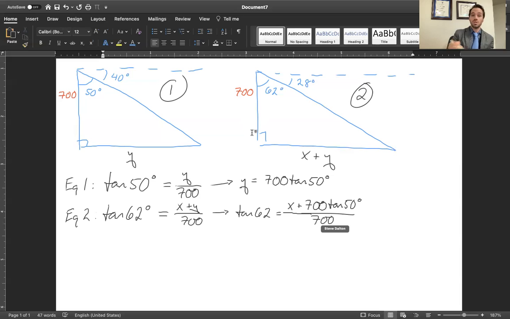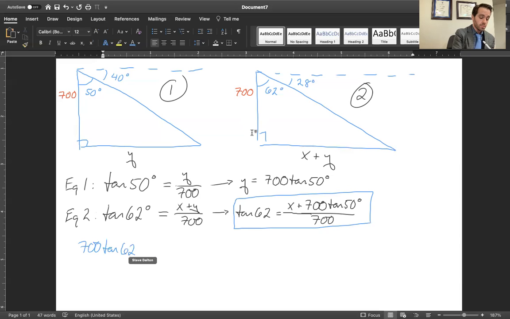All that's left for me to do is to isolate the x. So now I'm going to take this equation and multiply it by 700 on each side. So 700 tan 62 equals x plus 700 tan 50. And all that I have to do is subtract.